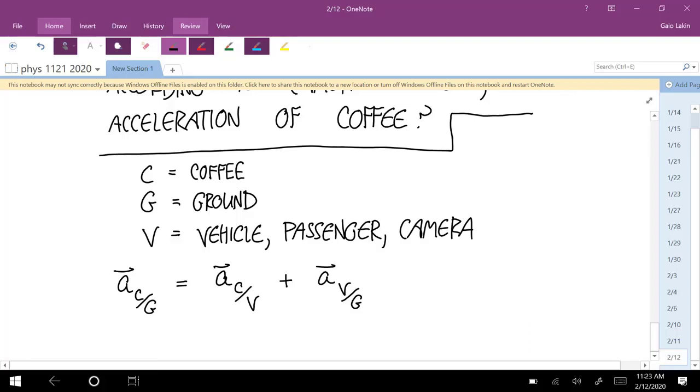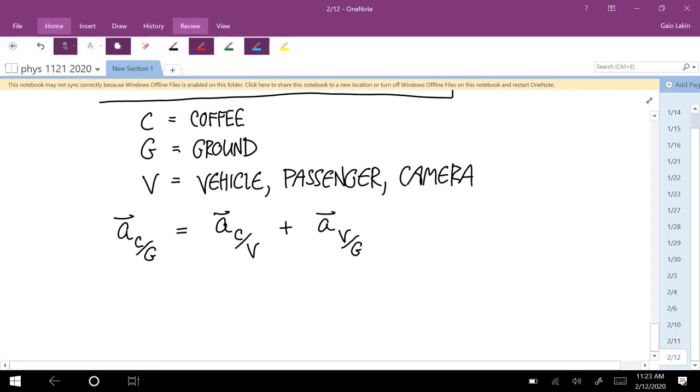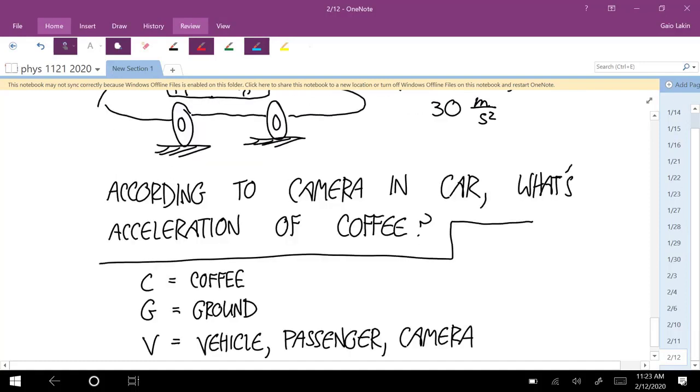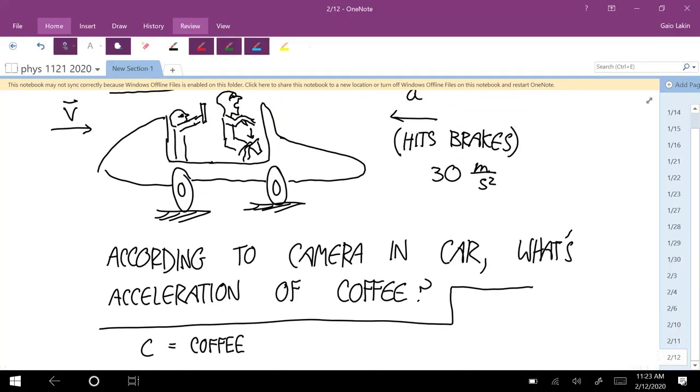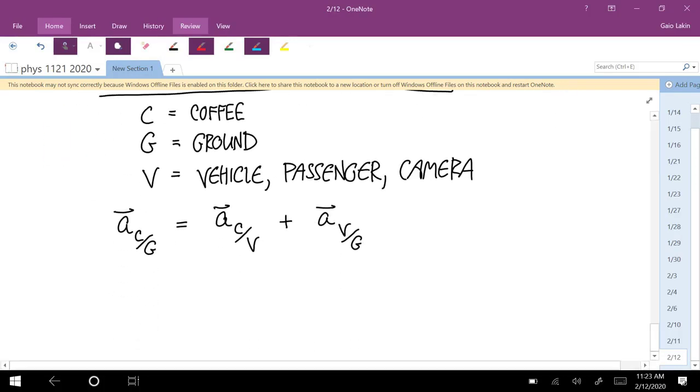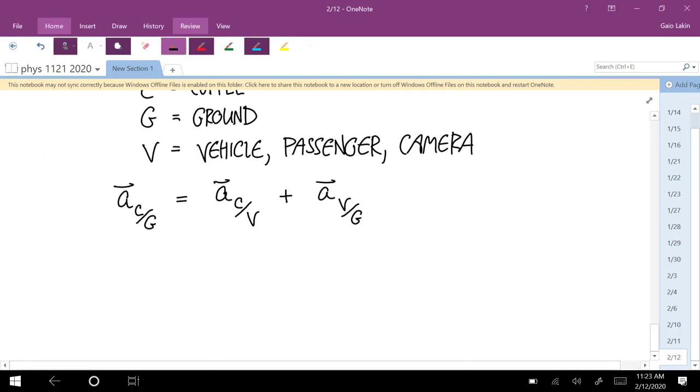And now we can start to fill in what we know. This coffee, once you let go of it, is in free fall. So if our coordinate system orientation has the y-axis up, then the acceleration of the coffee relative to the ground is 0, negative 9.81.